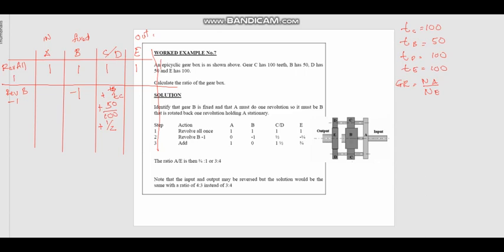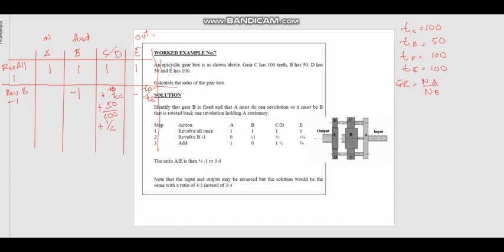D meshes with E, so every rotation of D will result in TD over TE of rotation. The direction of rotation is opposite because it's an external gear, so this will be minus because C and D are plus.